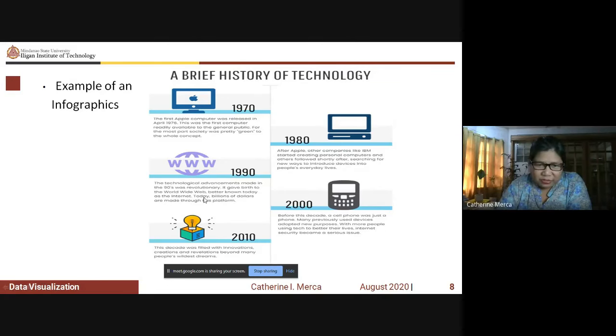It gave birth to the World Wide Web. So, nandun na yung www dot. It gave birth to the World Wide Web, better known today as your internet. So today, billions of dollars are made through this platform. So 2000, right? Then 2010. So if you take a look here, this is actually an infographics. May information siya about a brief history of technology.